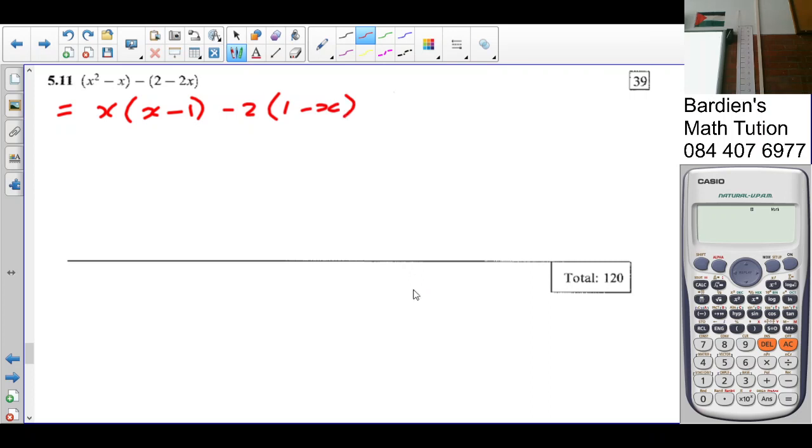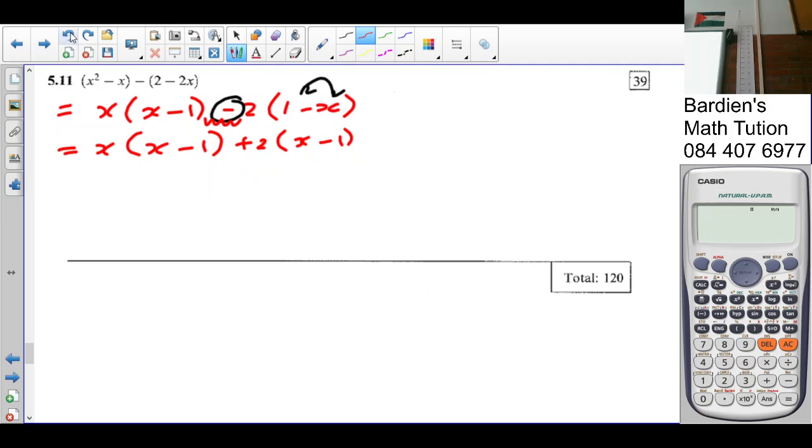People, is x minus 1 the same as 1 minus x? No. So what do we do? Flip. Interchange. You swap that around, the sign is going to change, not so? So it's x into x minus 1 plus 2 into x minus 1. If this had to be a positive, then here would have been a negative, and it only happens if it's negative.